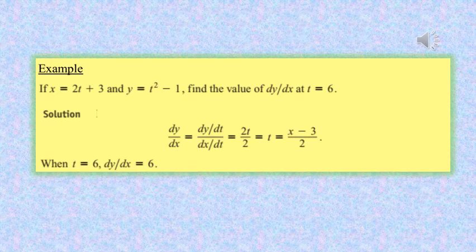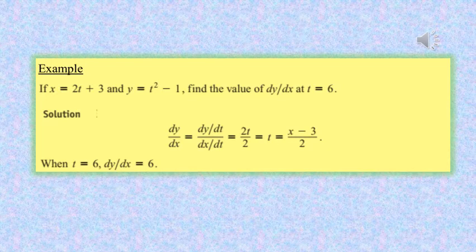After substituting these two derivatives in the formula, we obtain 2t by 2, which equals t. And from x equals 2t plus 3, we find the value of t: x minus 3 divided by 2 equals t.